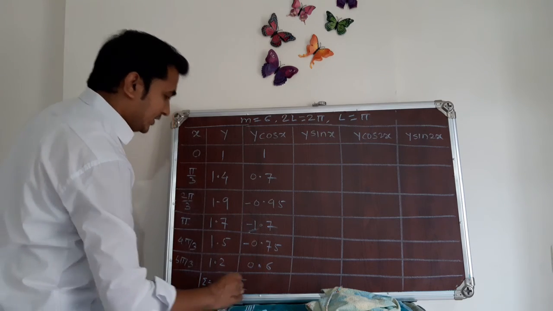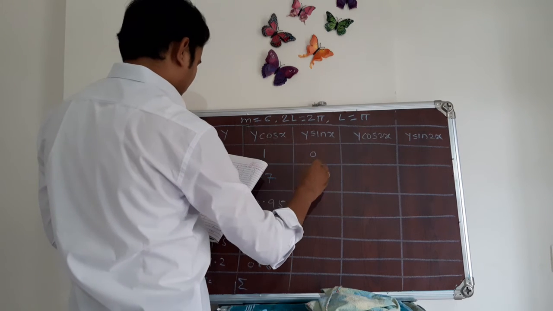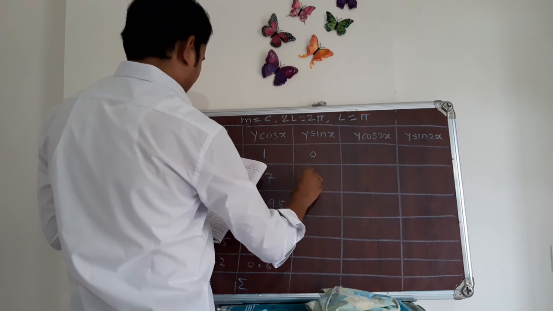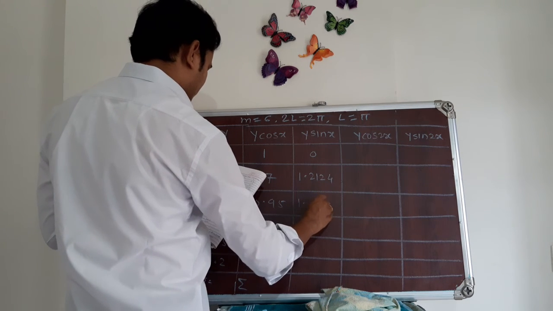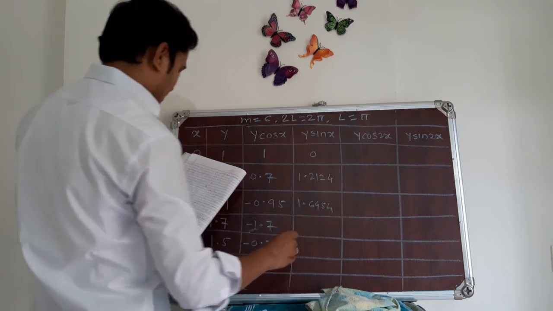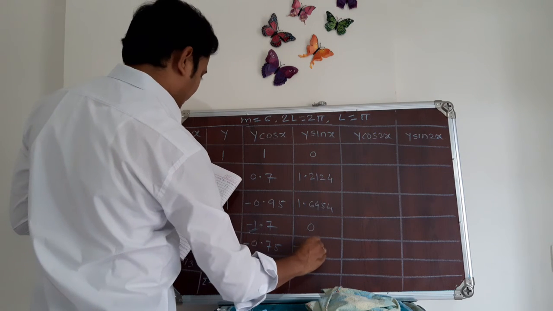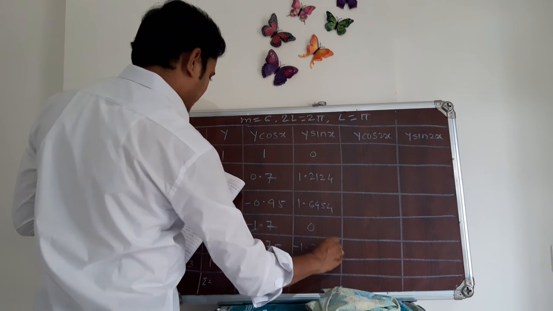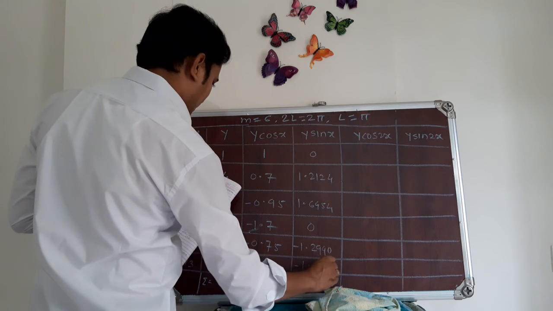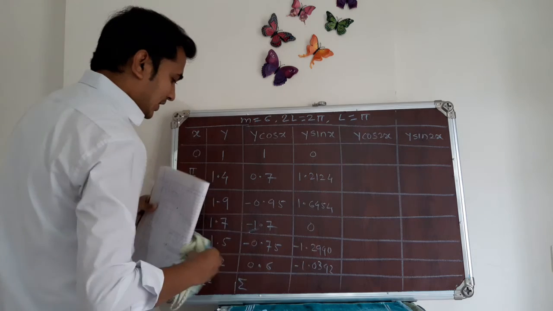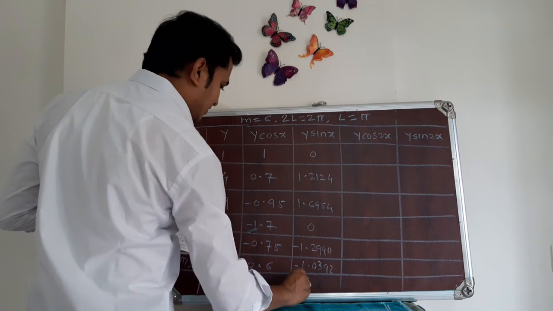Then y sin x is 0, 1.2124, 1.6454, 0, minus 1.2990, minus 1.0392. Then to calculate b1 you need its summation.